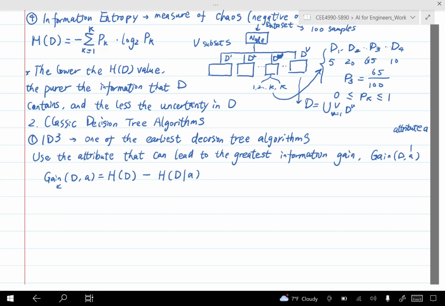So that is the information entropy of the data after splitting. If we explain a little bit, here's the information gain from the data splitting process. And H(D) is the entropy of D before splitting.